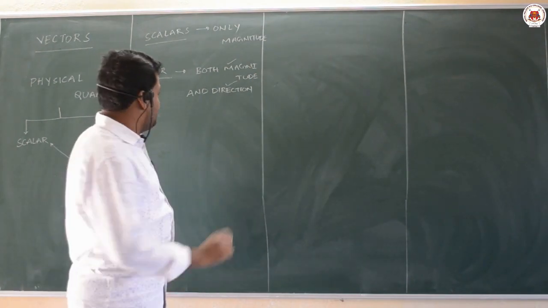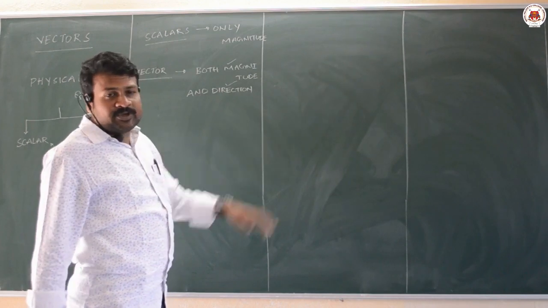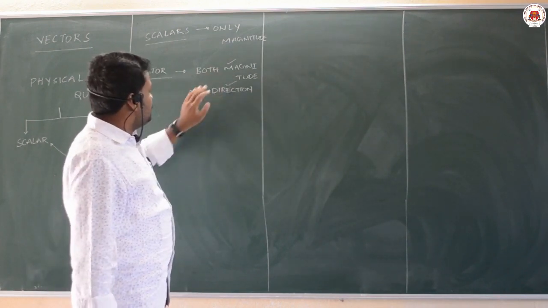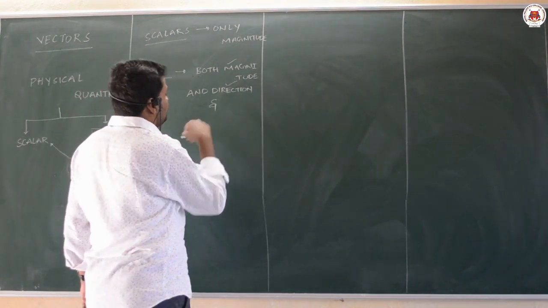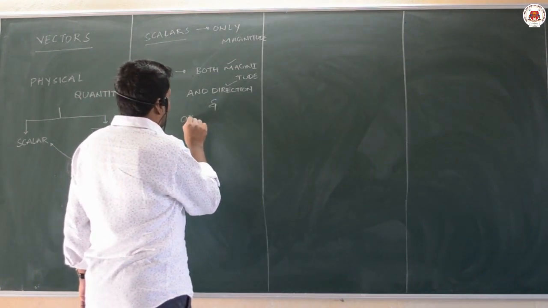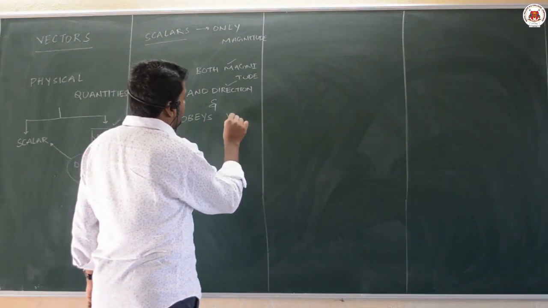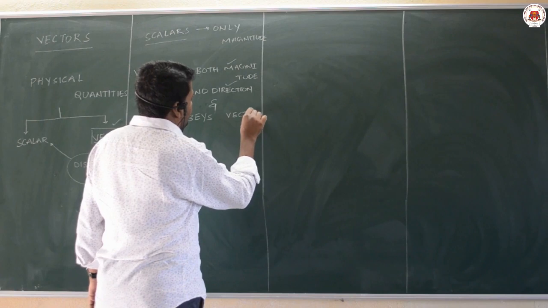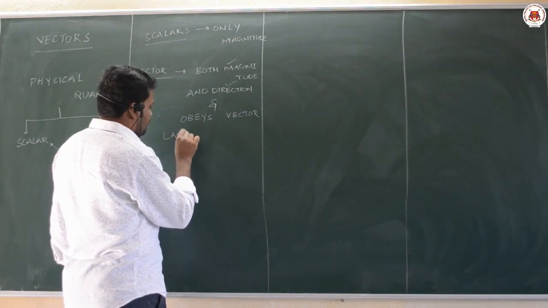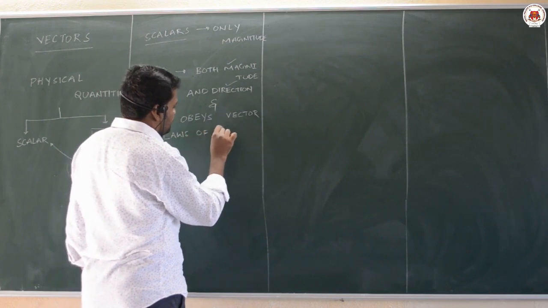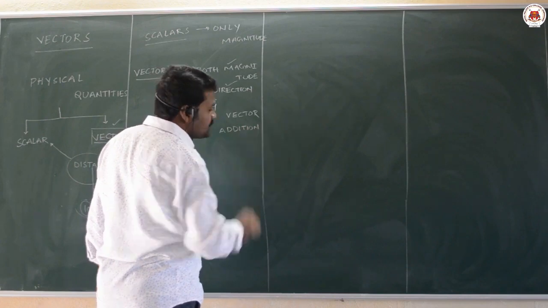For that reason, we can extend this definition by saying that a vector is a physical quantity which has both magnitude and direction and obeys the vector laws of addition. So this is the introduction about scalars and vectors.